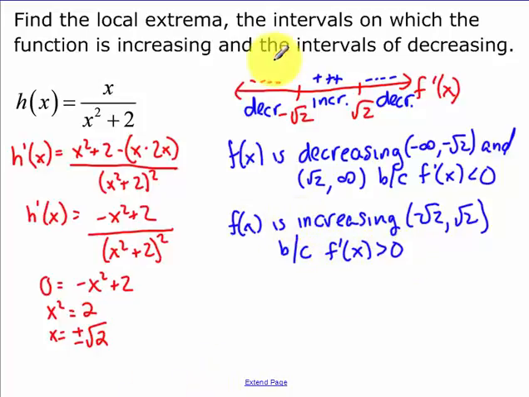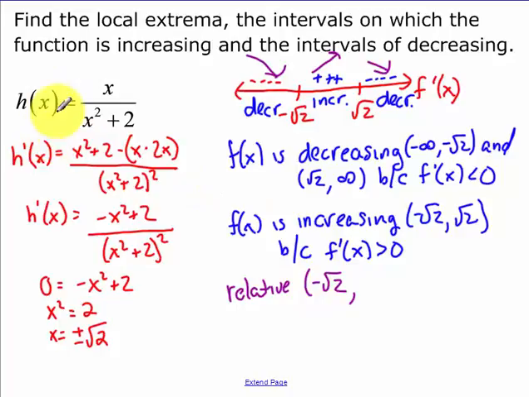Now again, let's look. Our function was decreasing, then I changed to increasing, then I changed back to decreasing. So when I went from decreasing to increasing, that's going to be a relative min. So I have a relative min at -√2.